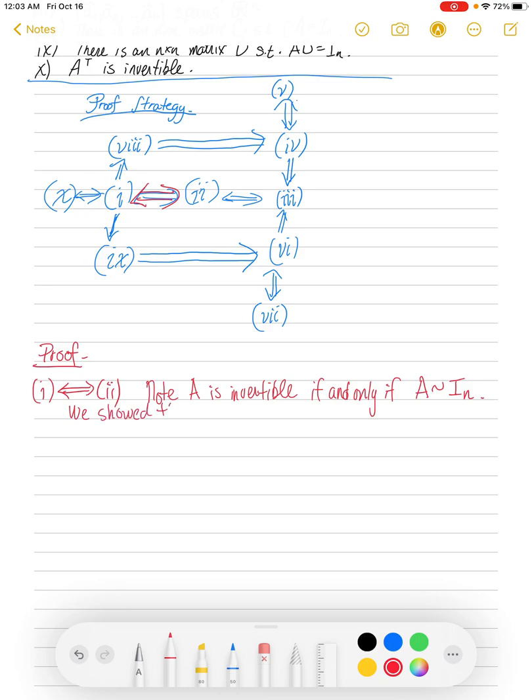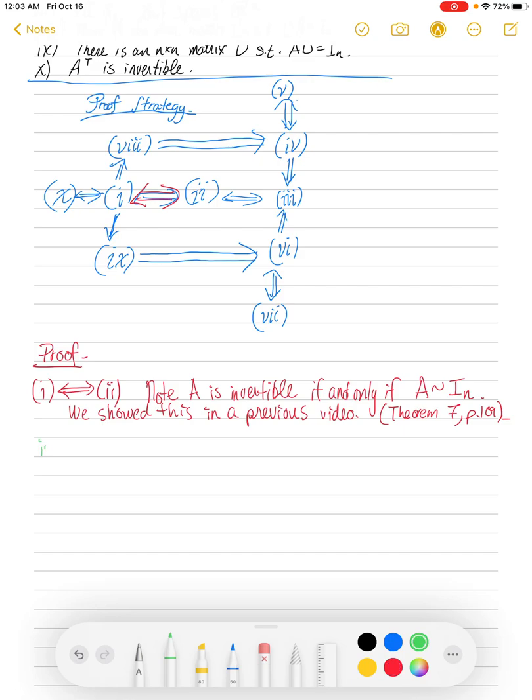We showed this in a previous video, so it's already proven. Also in your book, it's Theorem 7, page 109. Okay, so 1 if and only if 2 is done.